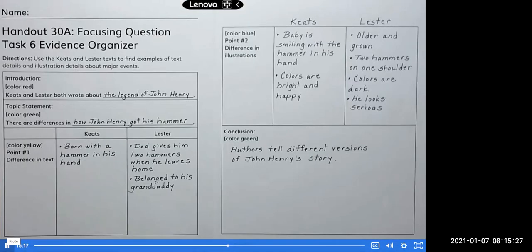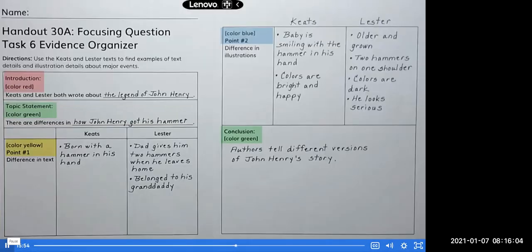In a few minutes, I'll be asking you to grab handout 30A. Before we do that, I'd like to show you how handout 30A is set up and how it can support us as we gather information for an informative paragraph. To help you see how this handout can be helpful as you create your informative paragraph, we're going to zoom in on one event.